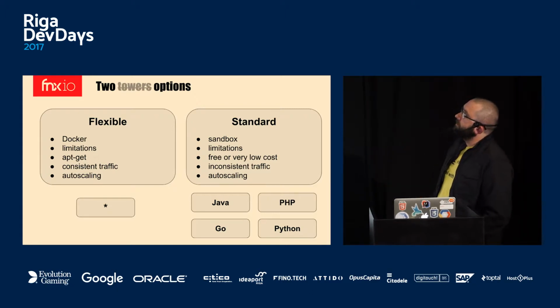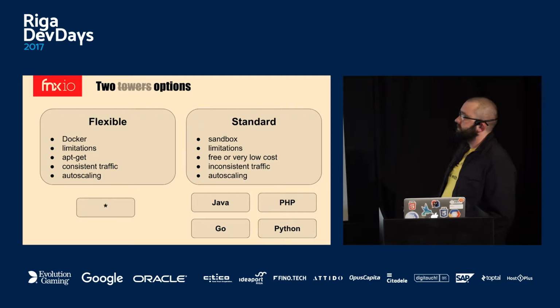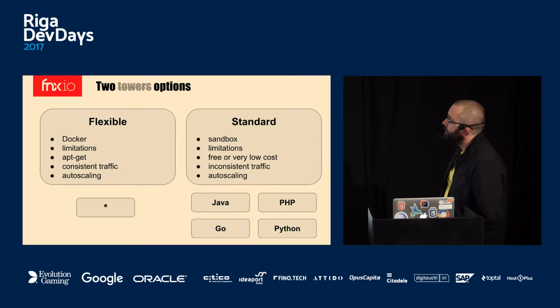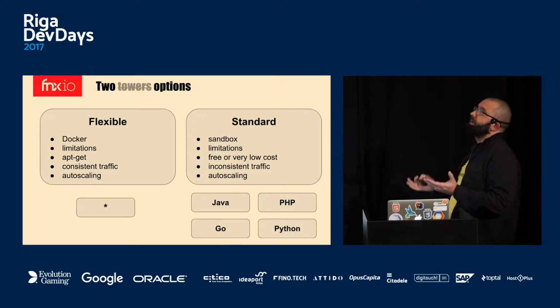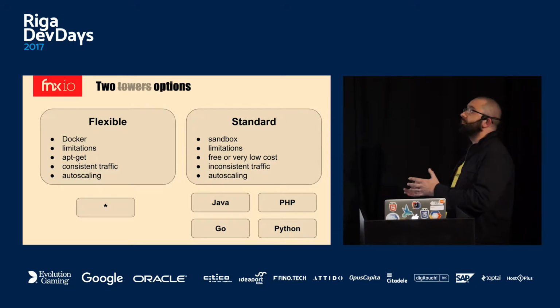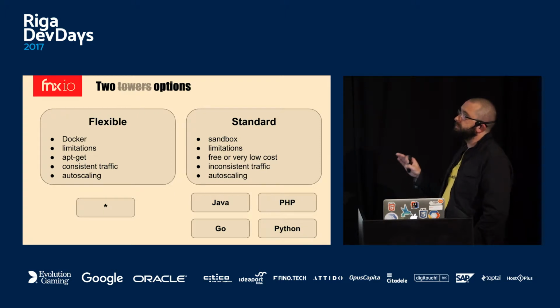Standard environment, on the other hand, works only with those languages: Java, Java 7, PHP, Go, Python. Your application lives in some kind of sandbox. It has some limitations. For example, you cannot write to the file system, but it can run for free or for very low cost, and it's useful for applications with inconsistent traffic.